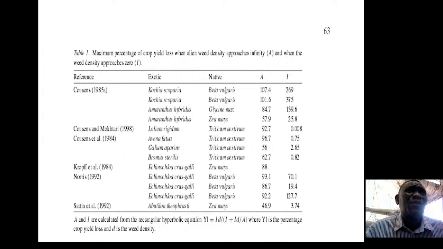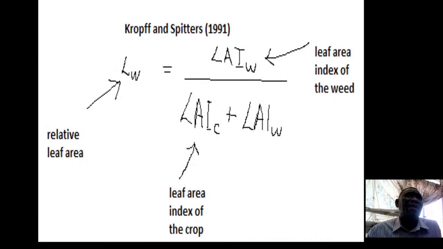Now, for your own information, we have this table with different weeds in different crops, and we have A and I values for different weeds, which we can use to compare their competitive abilities. So once we have this data, we can have more knowledge on how to approach the control problems. This is the Croft and Spitters approach in 1991, which I have also explained.